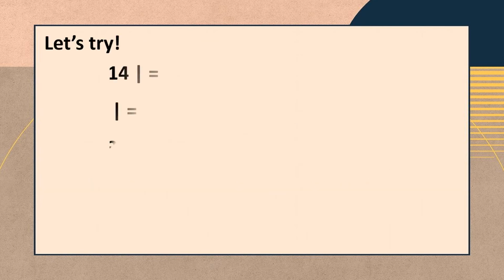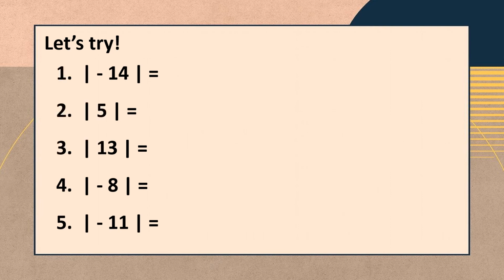Now let's try. Let's have number 1. What is the absolute value of -14? So that is positive 14. How about number 2? What is the absolute value of positive 5? So that is positive 5. Number 3. What is the absolute value of positive 13?